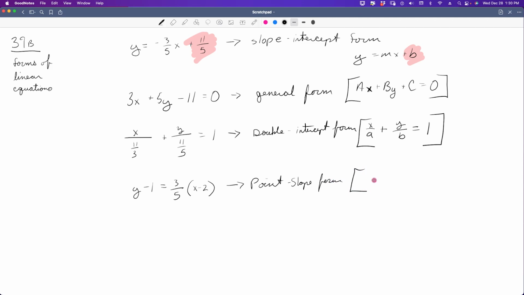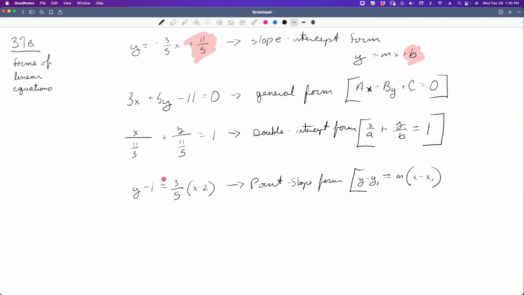And it looks like this. y minus y1 is equal to the slope times x minus x1. All right, so you can see the y is just a variable, and the x is just a variable. And you take that one point that you have, you need one point, and you need the slope.